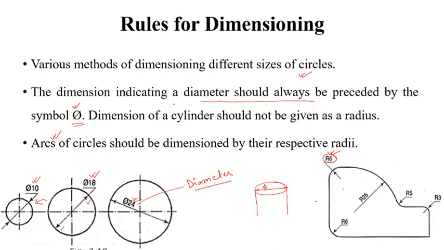If we have a circle or cylinder, then go for the diameter, and this diameter is represented by the symbol phi, and the radius is represented by the symbol R. So this is all about the rules for dimensioning.